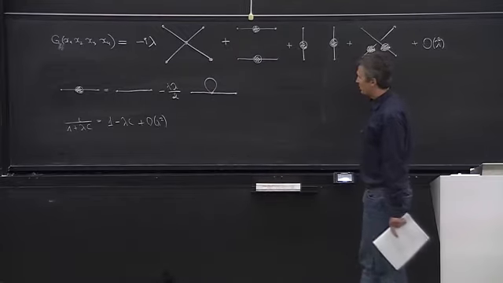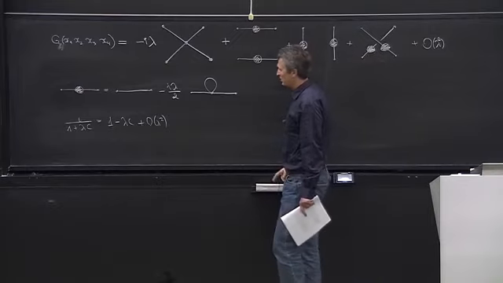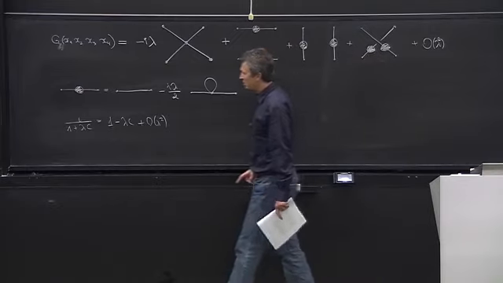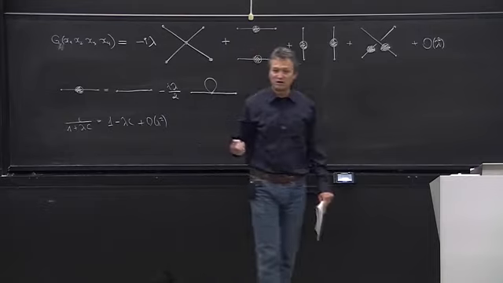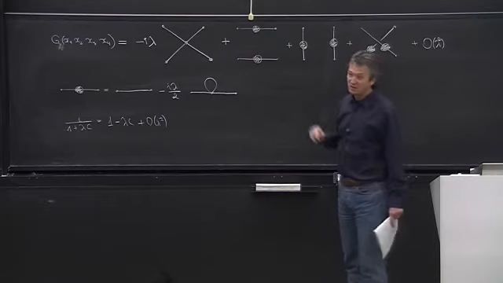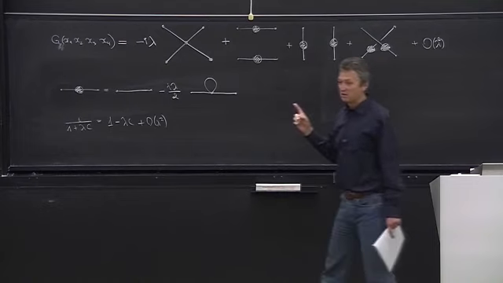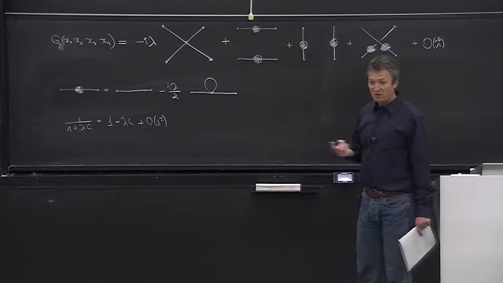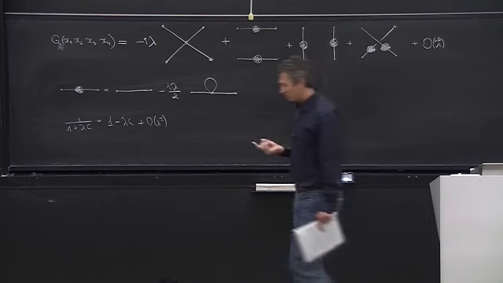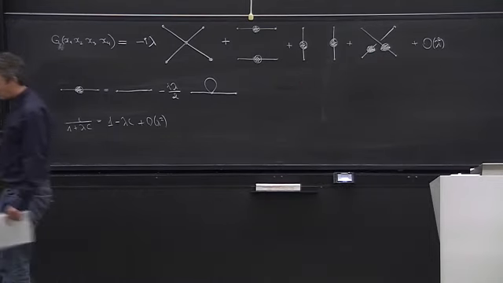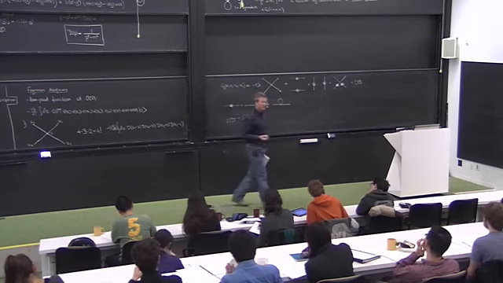Now, with a little bit of work, one can show that these vacuum diagrams, these diagrams that do not connect to anything on the outside, called vacuum diagrams or vacuum graphs, always cancel by the denominator.